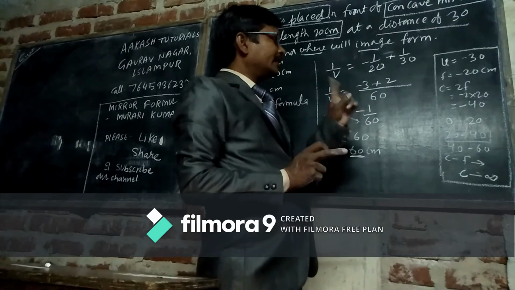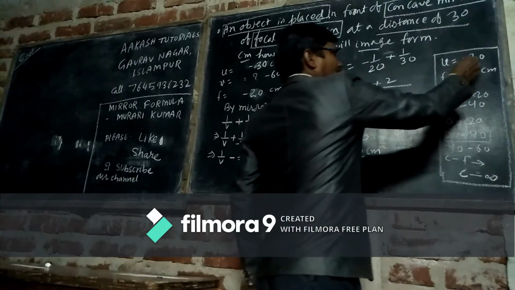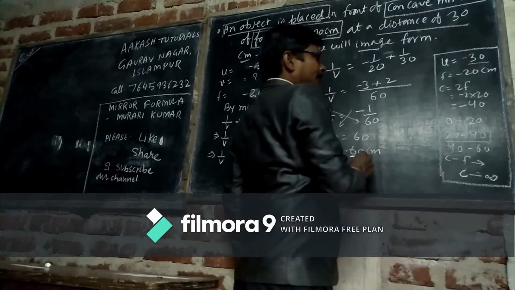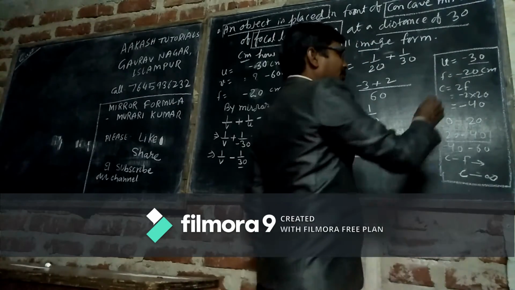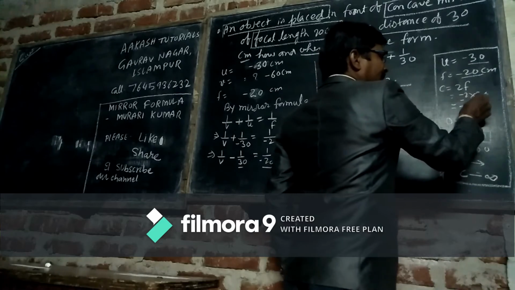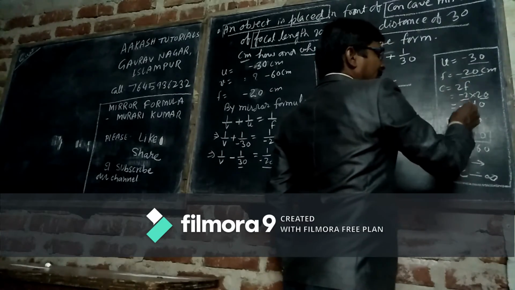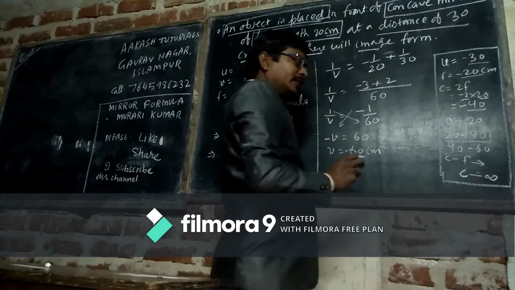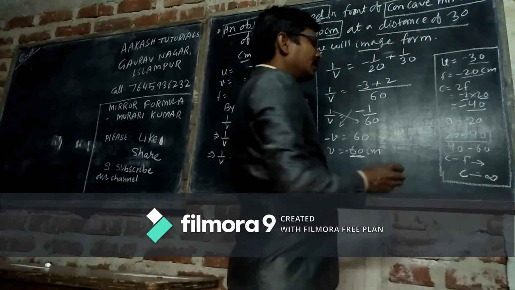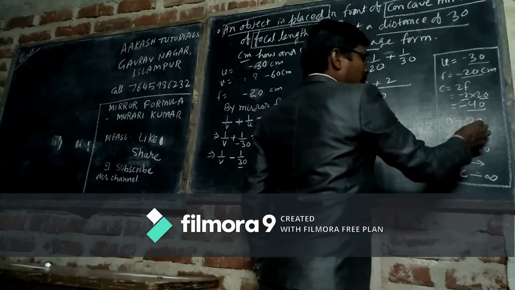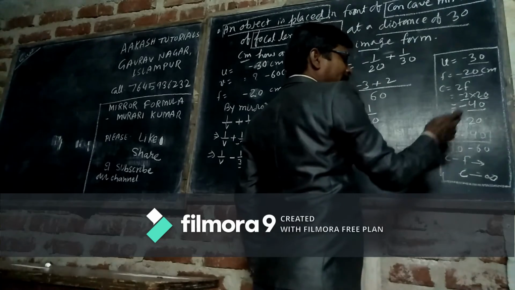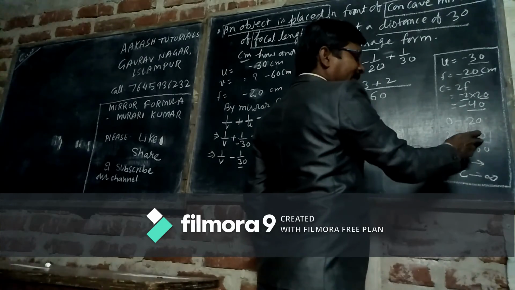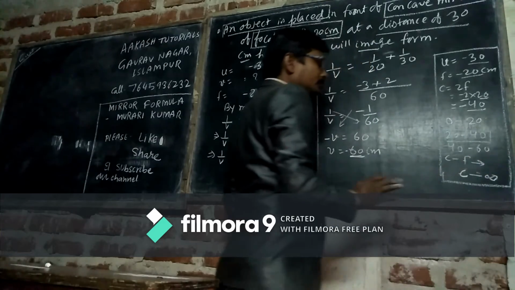Let us again recall. The value of u is 30 centimeter, f is 20 centimeter. Calculate C. C is equal to 2f, that is twice 20, so C is 40 centimeter. Now consider the positions.